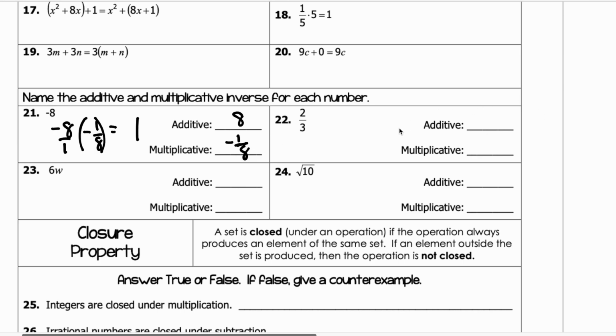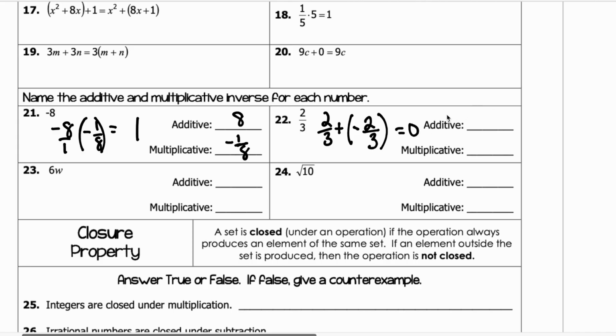All right, same thing here. If I have 2 over 3, how am I going to cancel this out using addition? Well, I'm going to add a -2 over 3, right? If I'm adding a -2 over 3, it cancels out and my answer would be 0.